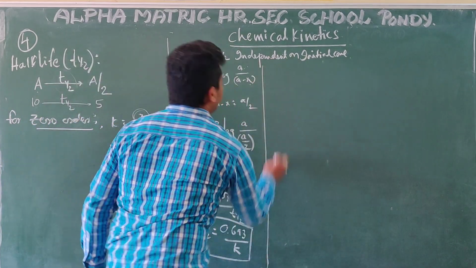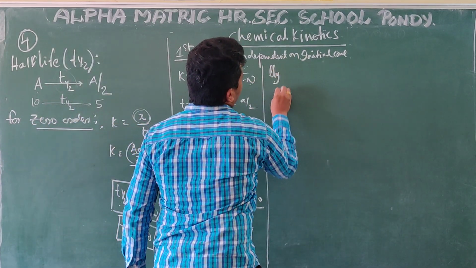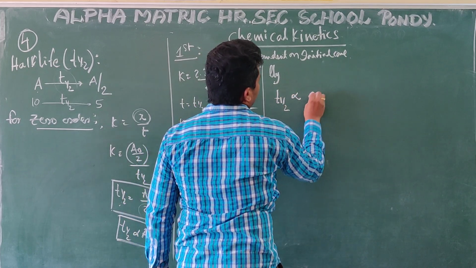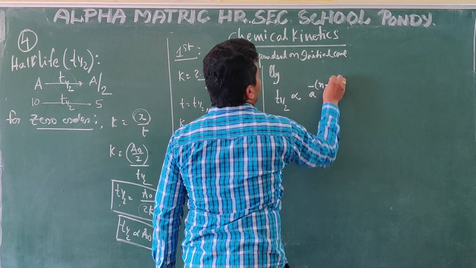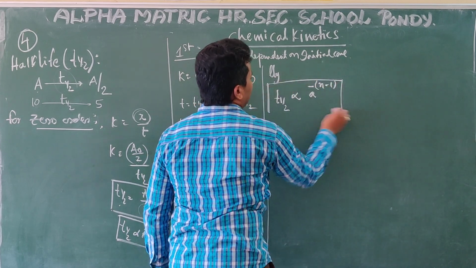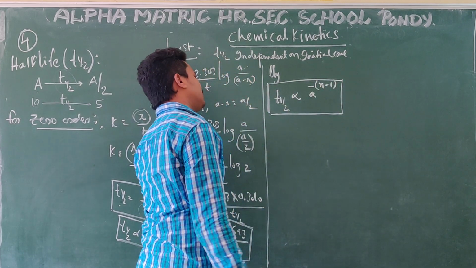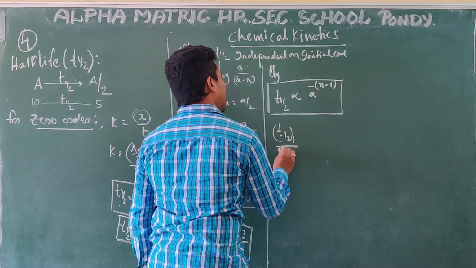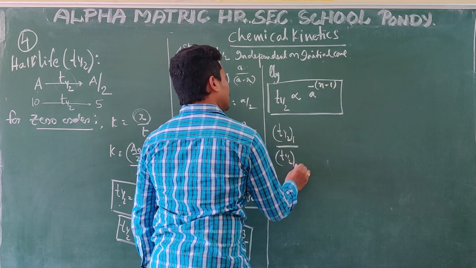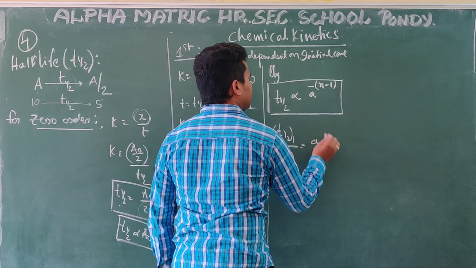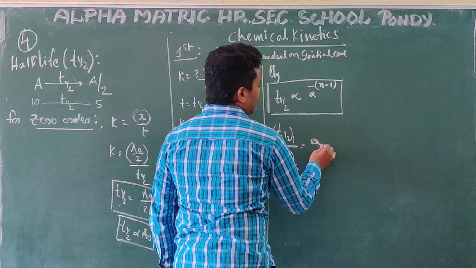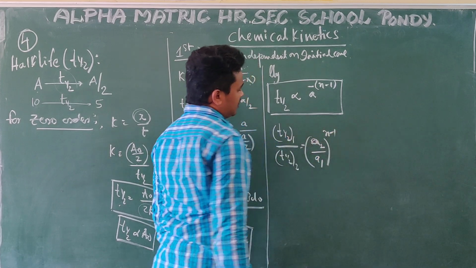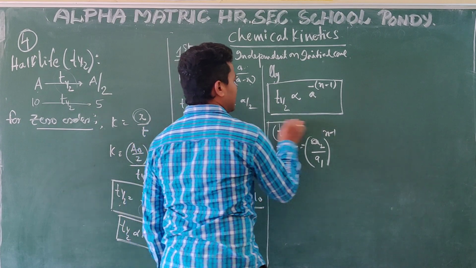Similarly, for the general case, what equation can I give? T half is directly proportional to A power minus of n minus 1. This is the formula you have to keep in mind. This is the generalized formula. For example, T half 1 by T half 2 is equal to A2 by A1 to the power n minus 1.